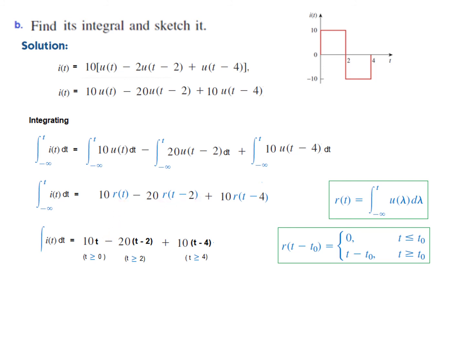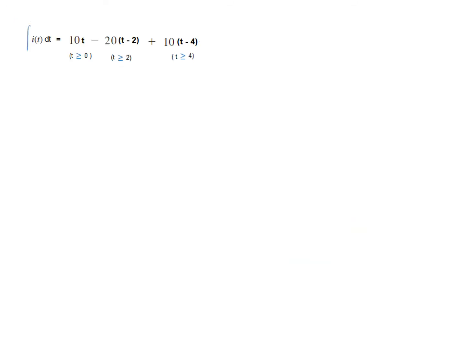Here it is shifting, so we'll write 20 times (t minus 2), t minus t0, and this will be 10 times (t minus 4). For our ease, I'm just writing the time when the change is valid or occurring. So we were here, multiply by 20 and 10, we get this equation.